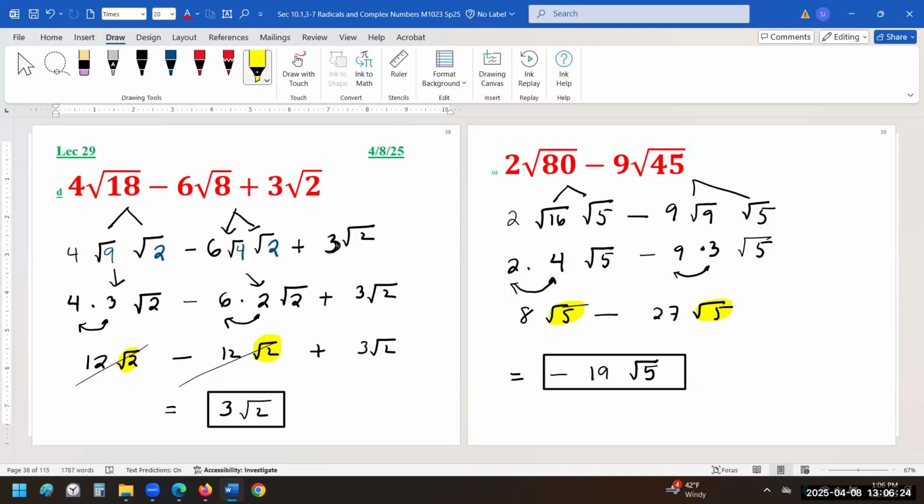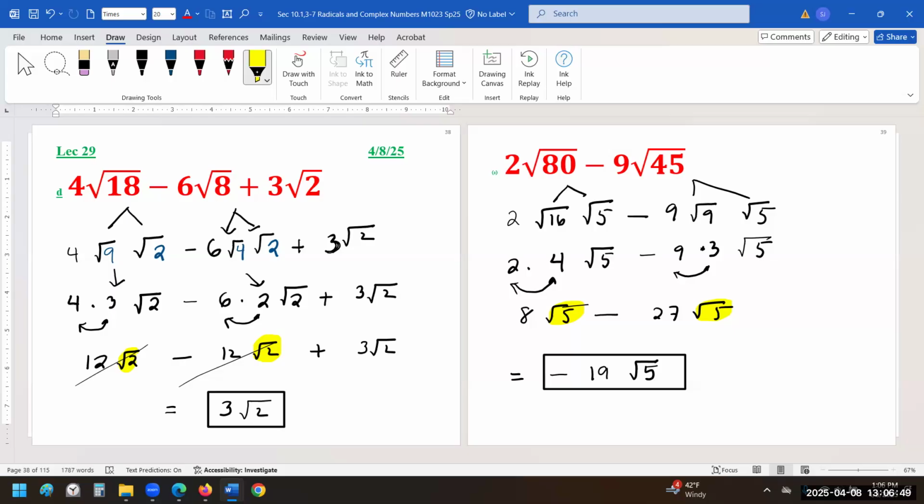And for this type of question, if you don't know which number to break it down, like 80, how do you know it's 16 and 5 you have to use? If you don't know, you can always start with a smaller radical. 45 is a smaller radical, and when you break it down, there's only 2 choices, 9 and 5. So when you break down 45, you know that definitely the unsimplified number has to be 5.